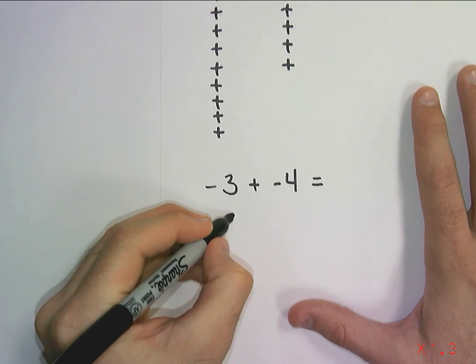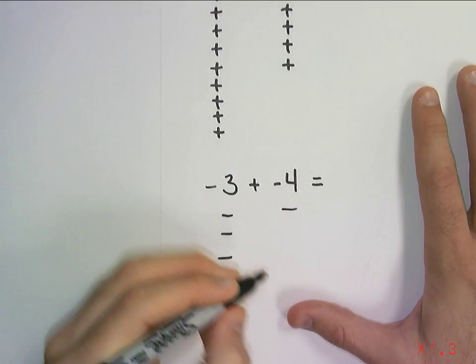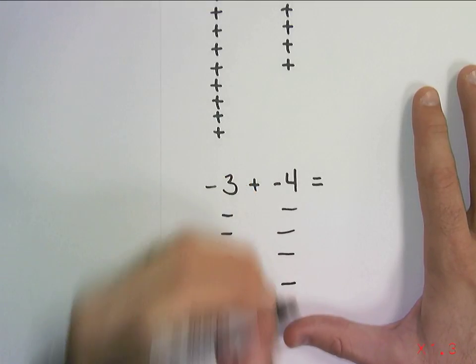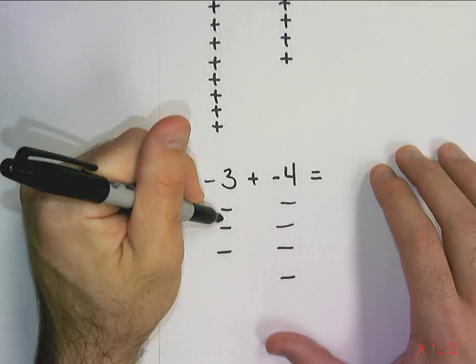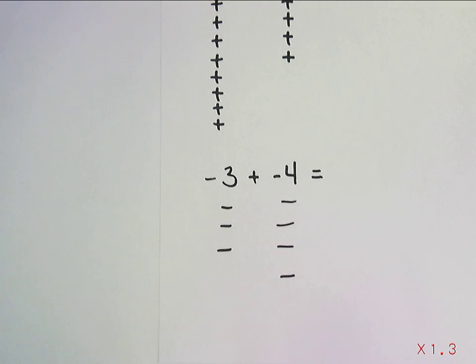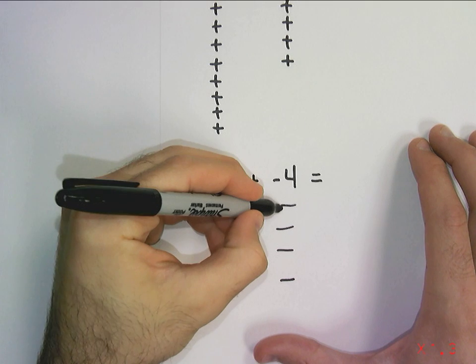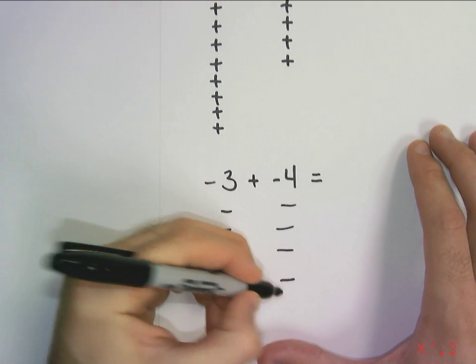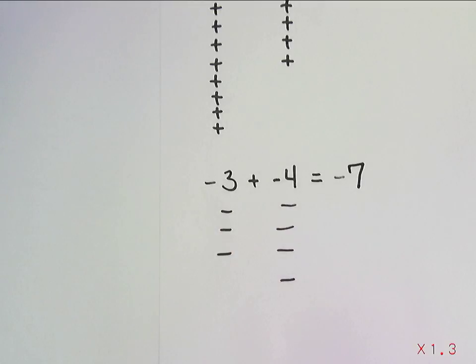On this side we have 3 negatives, and over here we have 4 negatives. In this case, we don't have any positives or negatives that are going to cancel each other out, so we're just left with negatives. We have 1, 2, 3, 4, 5, 6, 7 negatives. So our answer is negative 7.